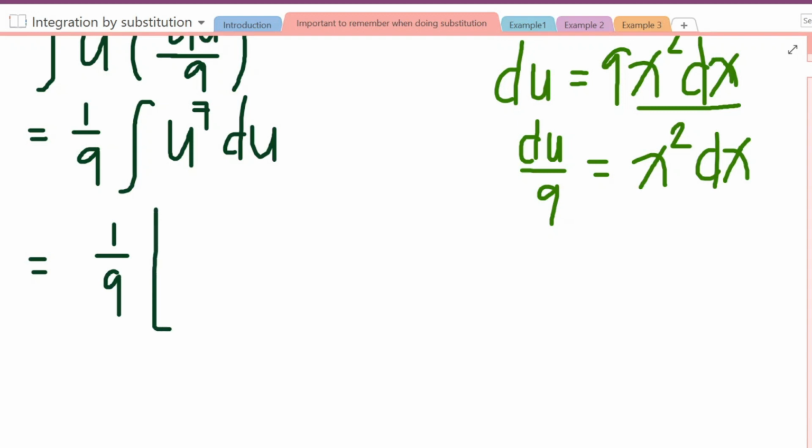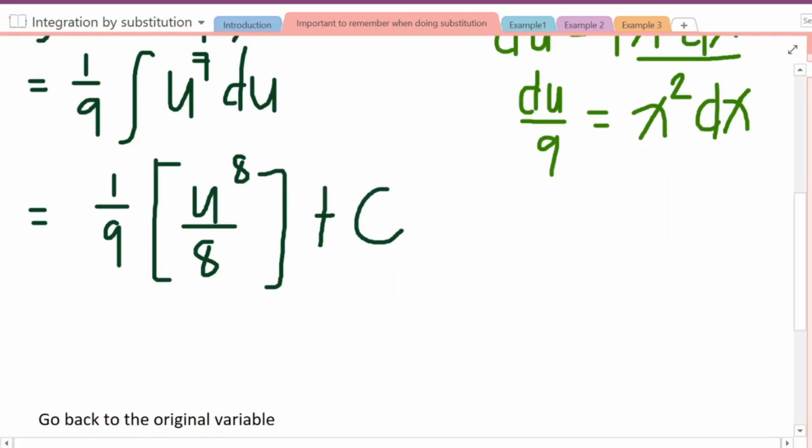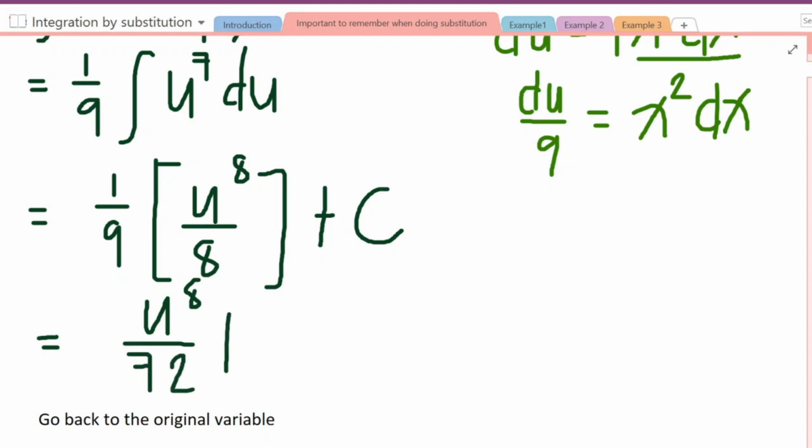Applying the power rule, we have u, you add 1 to the exponent, so it becomes 8, and then that becomes a denominator. We are doing indefinite integration still, so we need to add c, the constant c. We can simplify this one as u raised to 8 over 72 plus c.